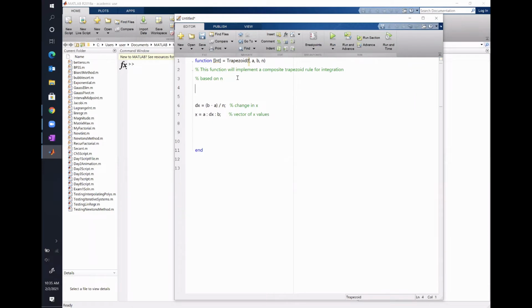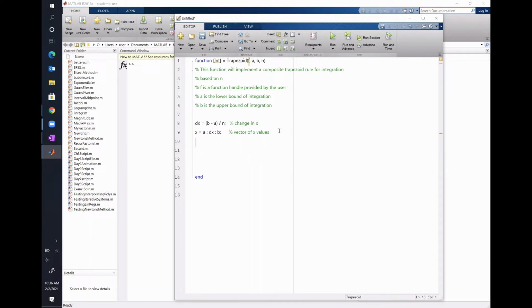We should specify f is a function handle provided by the user. A is the lower bound of integration, and B is the upper bound of integration. All right, cool.